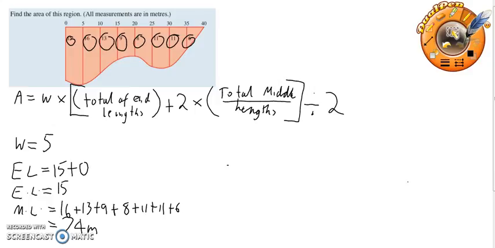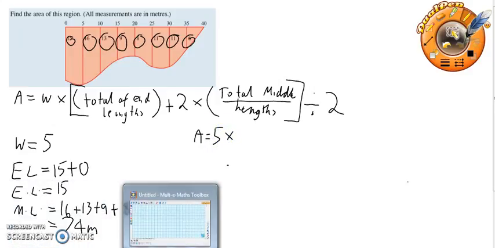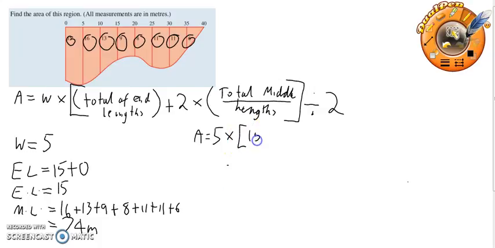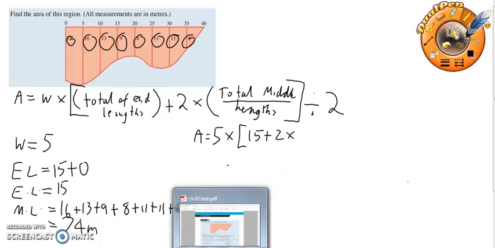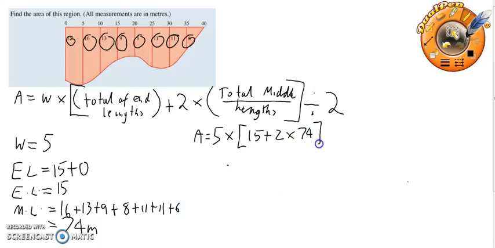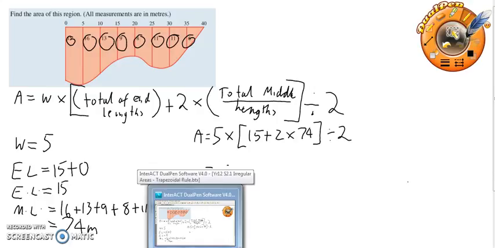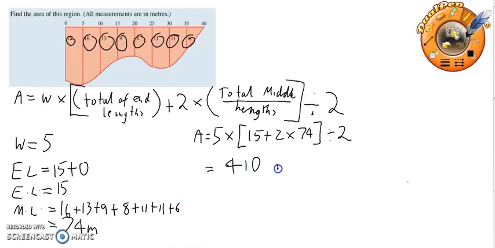If we do that first, it makes putting stuff in the formula a lot neater. So the area equals the width, which is 5, multiplied by the total of the end lengths, which we know is 15, plus 2 times the total of the middle lengths, which we know is 74, and then we divide by 2. If we put that exactly into our calculator, we end up with 410 meters squared.